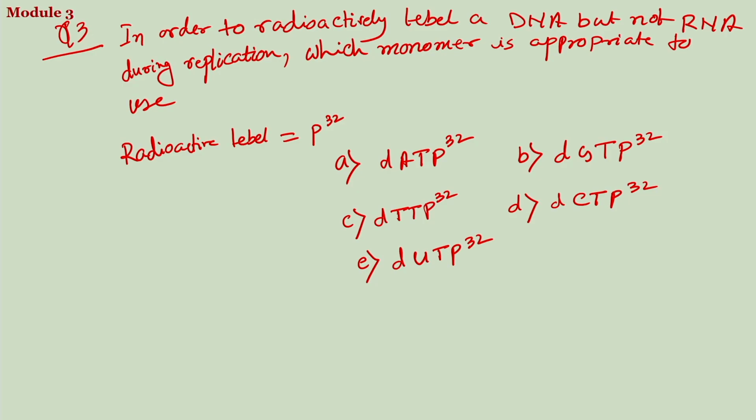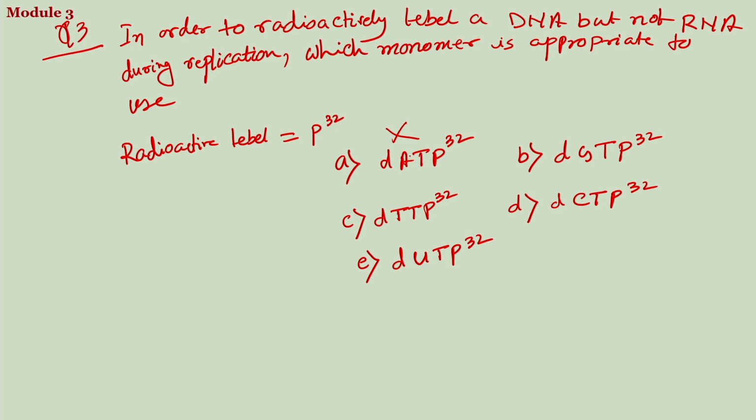So, if you start from the top, ATP is a monomer for DNA. Of course, DNA has adenosine, RNA also has adenosine. So, ATP would be taken up by both DNA and RNA during the replication. So, this cannot be, it will be common.